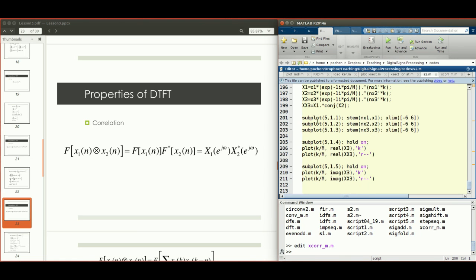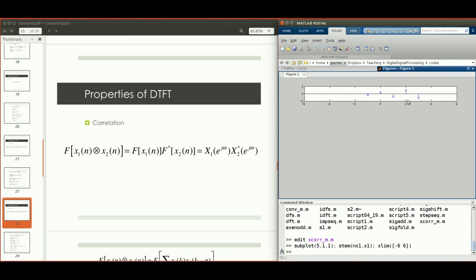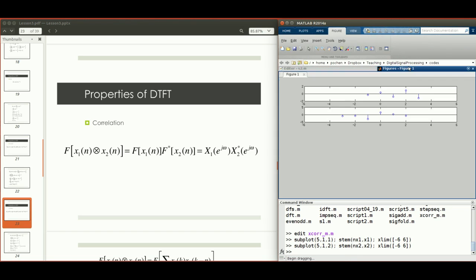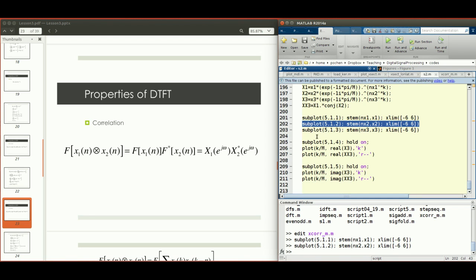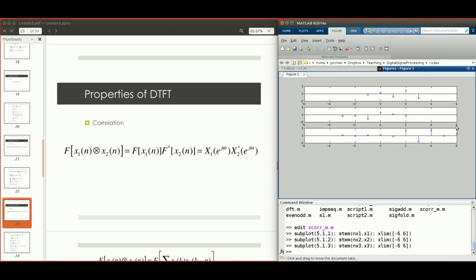But let's look at the time domain signals first. That's the first signal in the time domain, from -1 to 3, I think. And that's the second signal, from -3 to 2. Then let's look at the correlation of these two, x3.